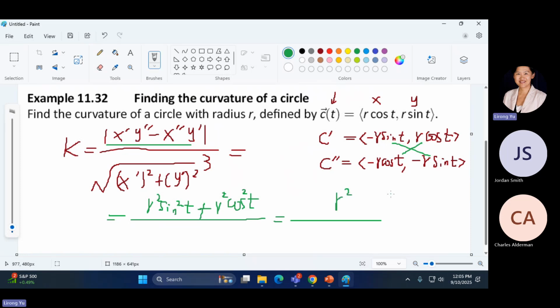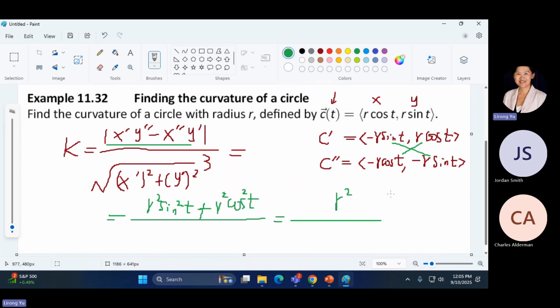Now the denominator is supposed to be the magnitude of the derivative vector, cubed. So here we have our c prime, the derivative is this one and that one. You square both, and that will be r squared sine squared plus r squared cosine squared, which equals r squared, and then you take the root.